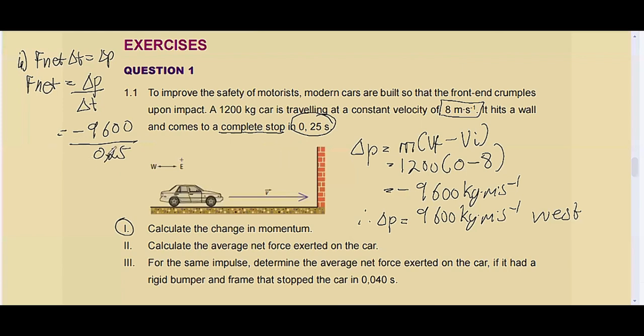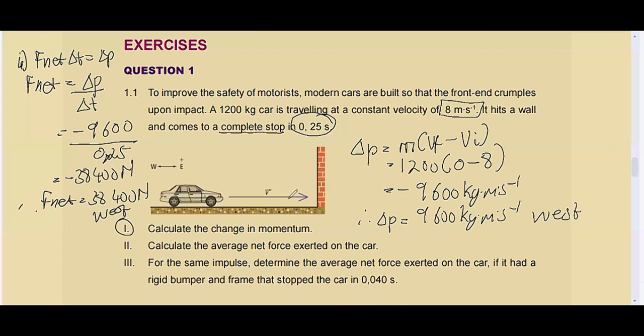Grab your calculator: negative 9,600 divided by 0.25 gives us negative 38,400 newtons. In conclusion, our F net is equal to 38,400 newtons west.